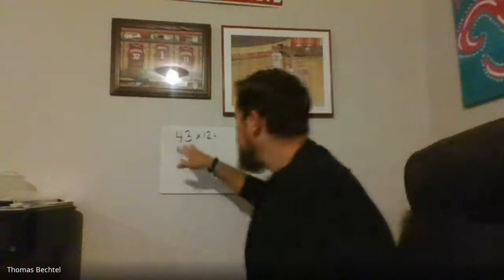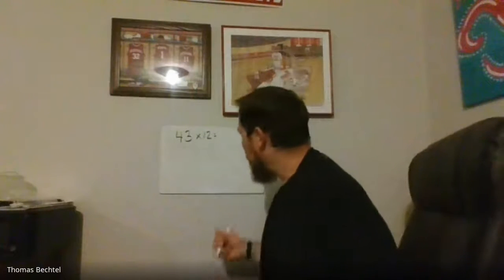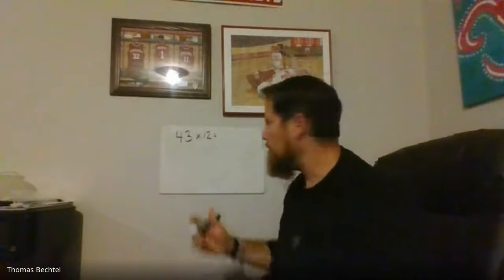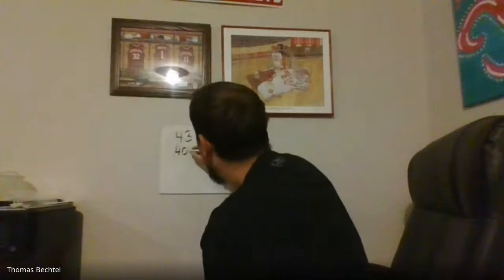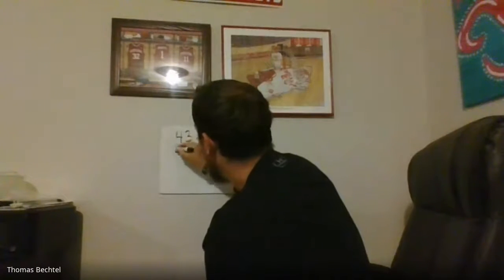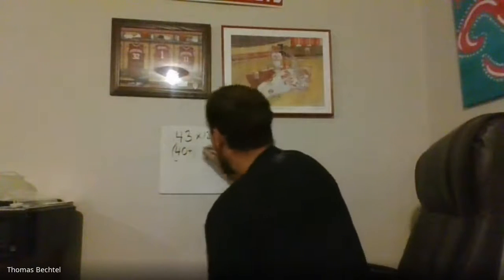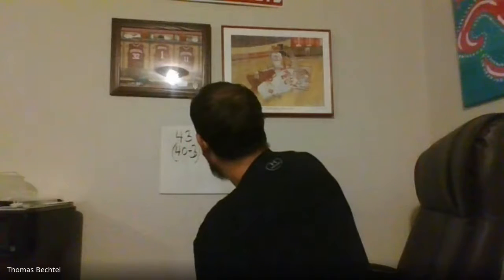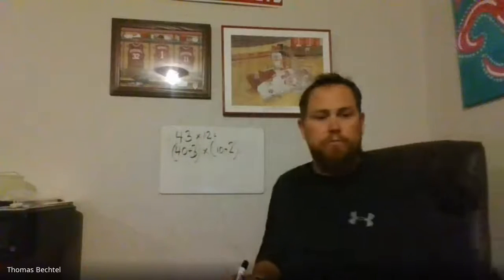The first strategy that I used was when we took 43 times 12, and I stated that I wanted to look at 43 as 40 plus 3, times 10 plus 2.